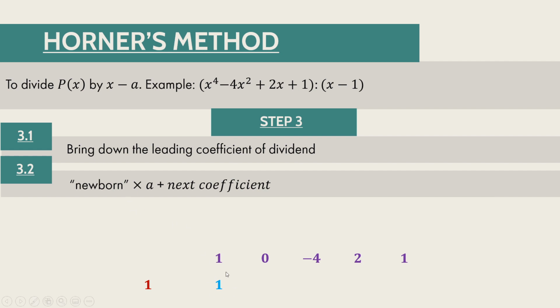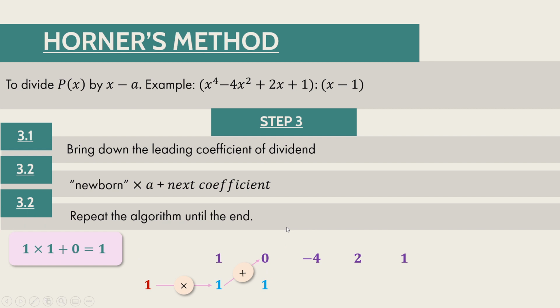In this case, 1 is the newborn because we just brought it down from the dividend. The newborn times a, which is 1, plus the next coefficient of the dividend. We have 1 times 1 plus 0. The answer should be 1.